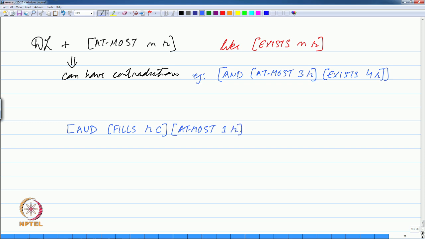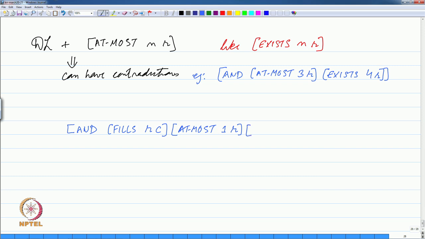So, there is a role R for which C is a filler, and we are also saying that this is a set of concepts in which there is at most one role filler. So, it is a kind of a functional language in that sense.